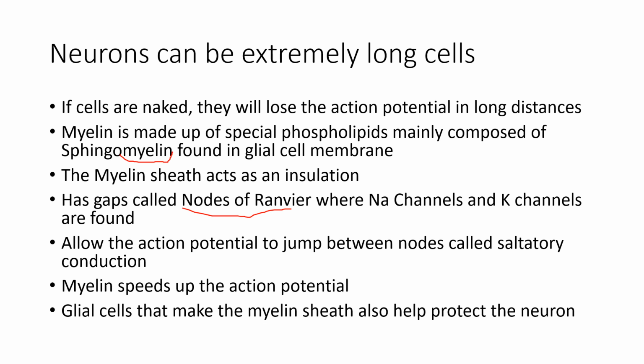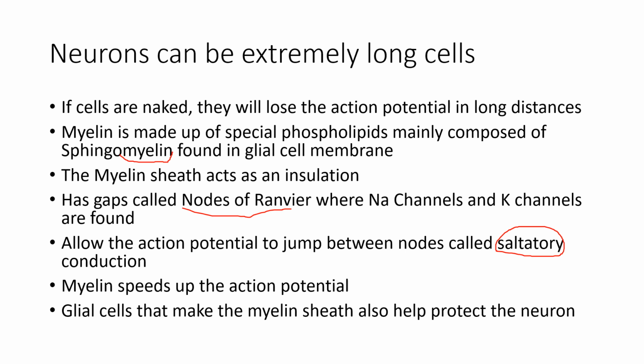This allows the action potential to jump. And if you think of saltatory, a salt is a jump, so saltatory is jumping. It's jumping from one node to the other. The other thing myelin does is speed up the action potential, namely because it doesn't have to travel throughout the nerve. It can jump from node to node.